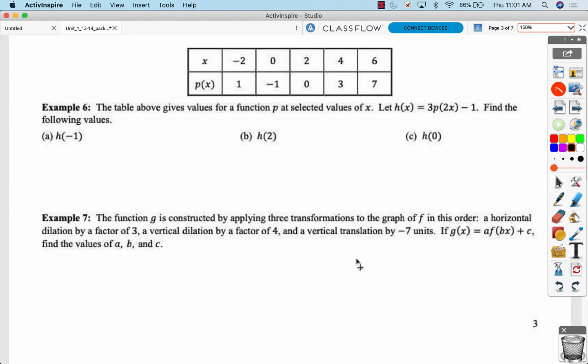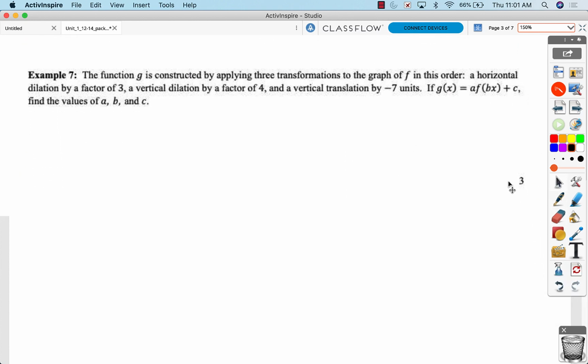Okay. Now we have to come up with a formula based off a transformation. Okay, remember, translations are a plus or a minus. Dilations are a times or a division. Okay, so anything inside has to do with horizontal, because those are your x's.